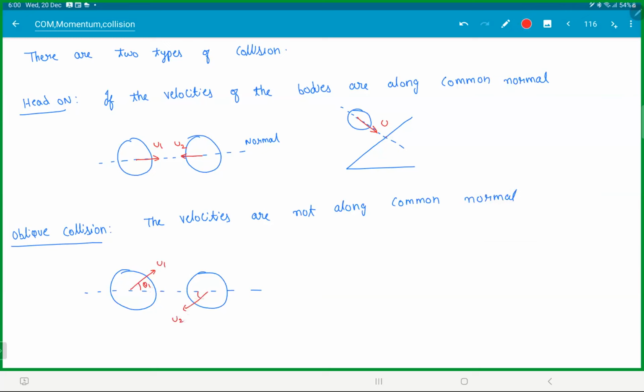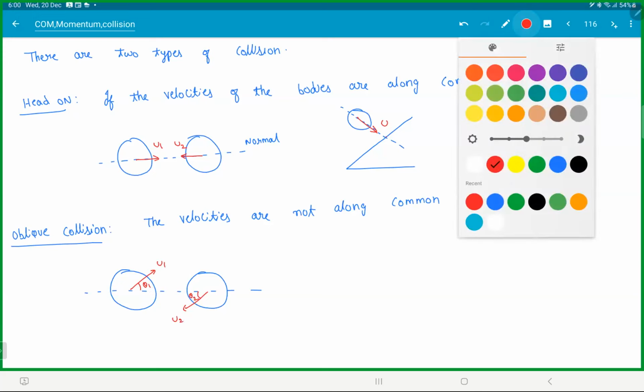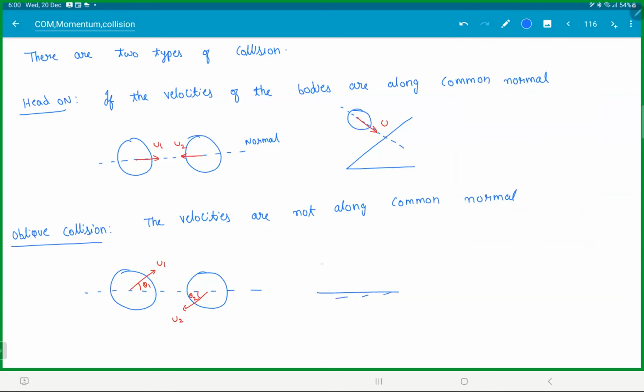This is going u2, theta 2. Or let's say the ball is hitting like this at an angle and bouncing off like this. So these are examples of an oblique collision. The velocity is not along the common normal.